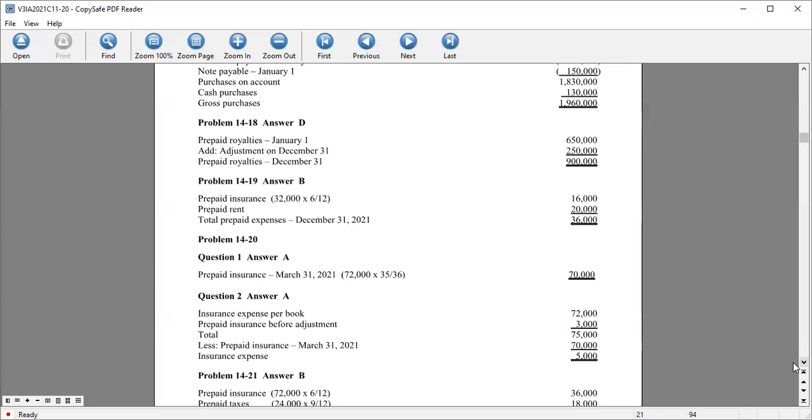So insurance per book, prepaid insurance before adjustment, and we deduct prepaid insurance in number 20. That gives us the balance of 75,020 and 70,000. The increase in prepaid insurance not taken up, and the insurance expense is in the amount of 5,000.